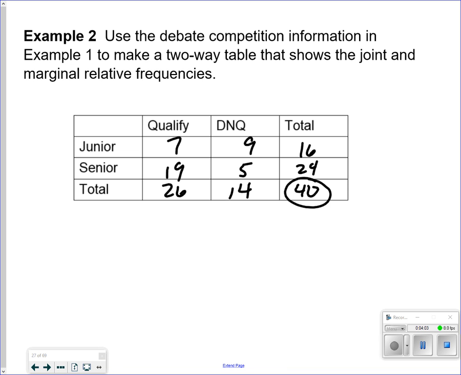So basically, I'm just going to pull out a calculator here, and I'm going to get 7 out of 40. So this is juniors that qualified out of the total. So that is when they talk about a joint relative frequency. It's how many in a particular cell out of the total. So I'm going to erase that one, and I'm going to put 0.175 as a decimal.